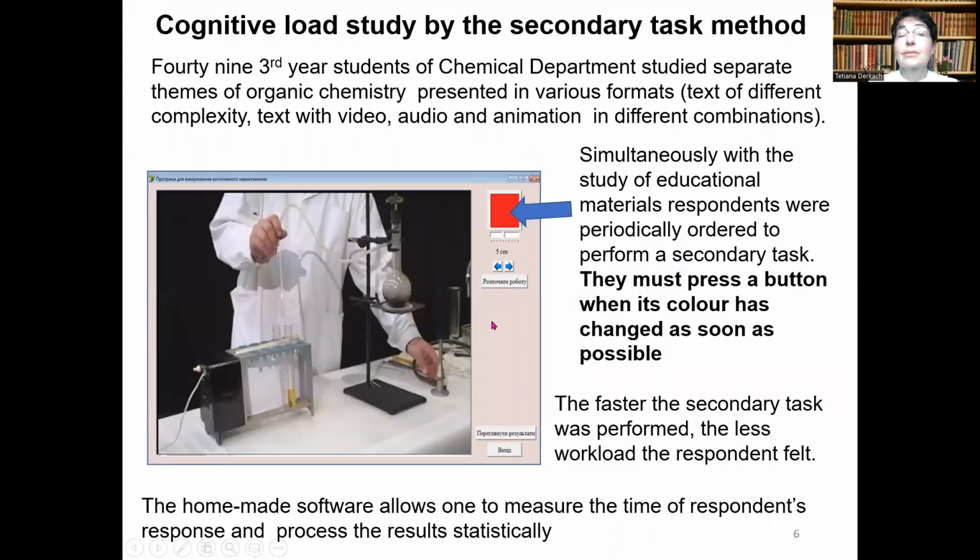49 third-year students of the chemical department studied separate topics of organic chemistry presented in various formats: text of different complexity, text with video, audio and animation in different combinations. Simultaneously with the study of educational materials, respondents were periodically ordered to perform a secondary task.